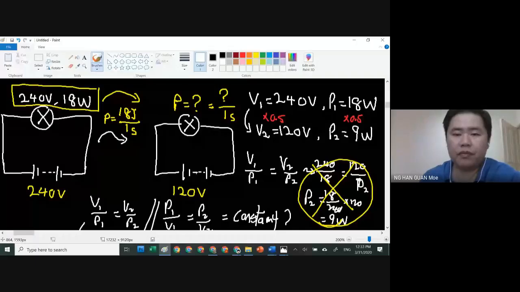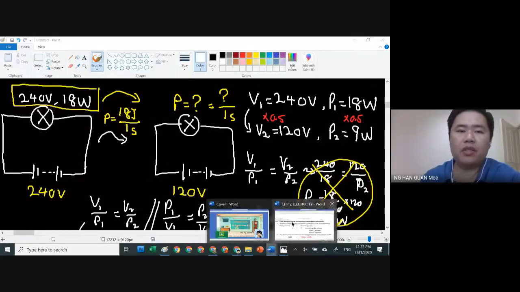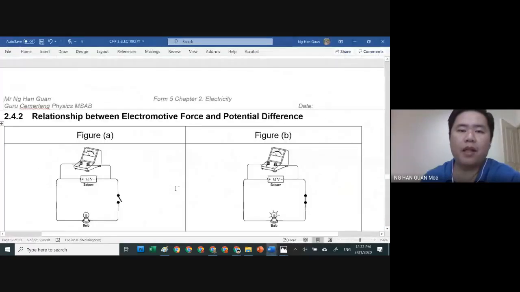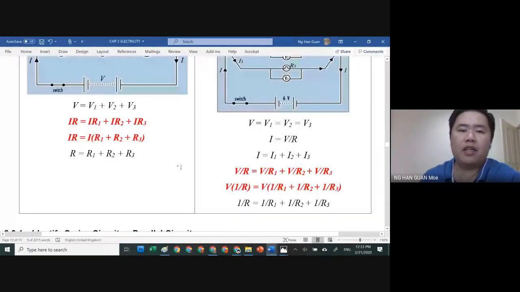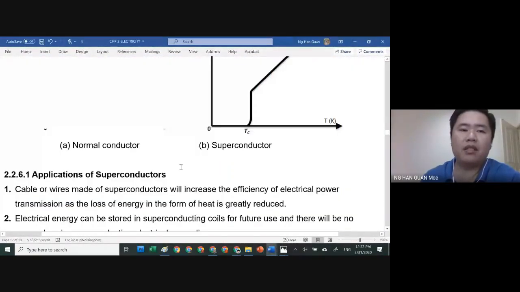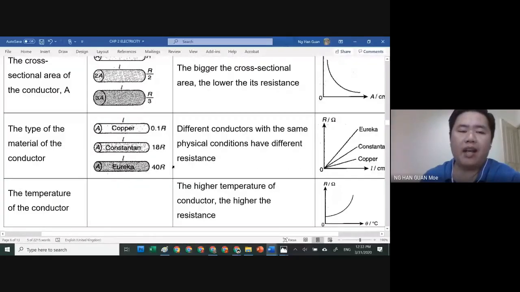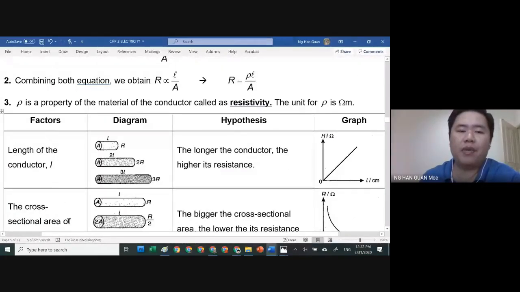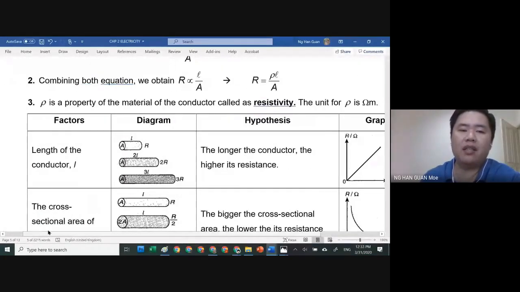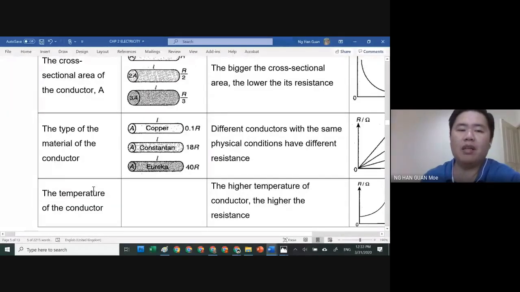Resistance of the device depends on what? It depends on the length of the conductor, the cross-sectional area, the type of material, and the temperature.